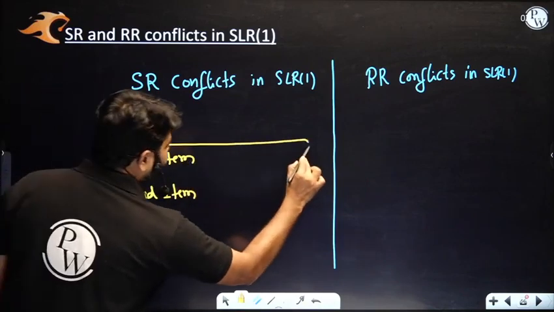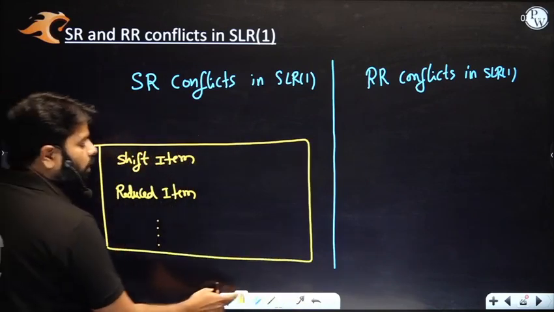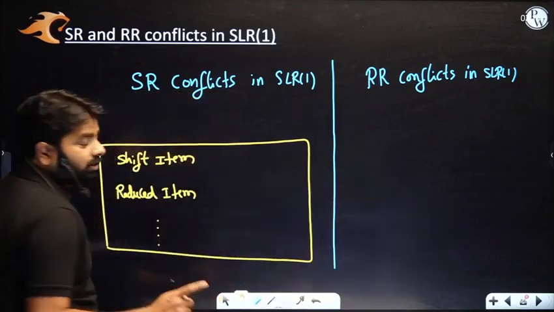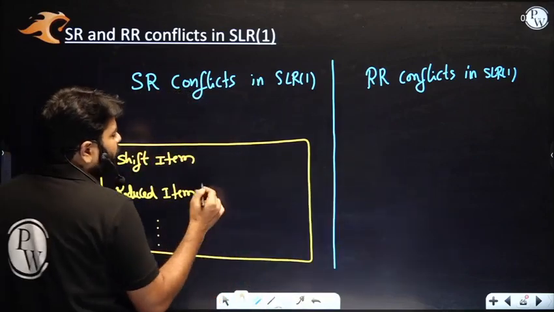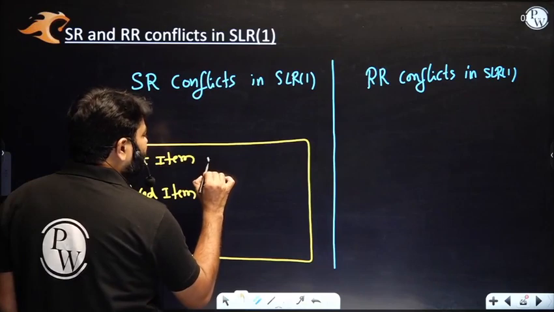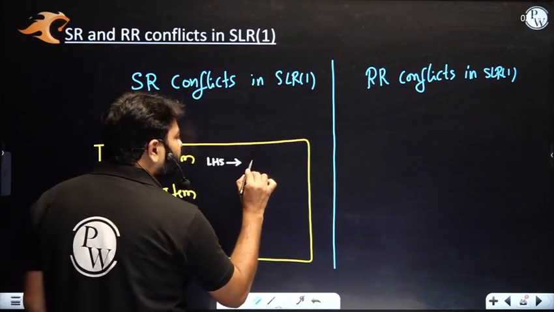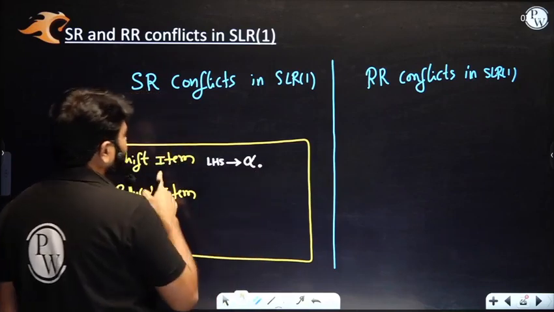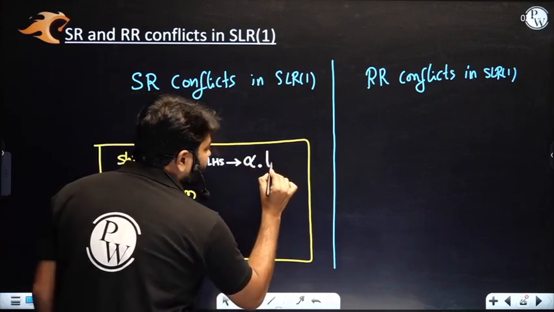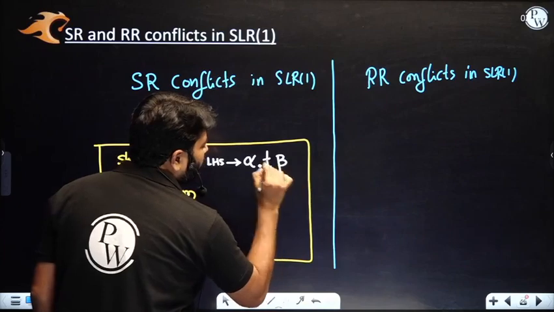But what is the meaning of a shift item? You know it. There is a production, let us say you have some LHS arrow alpha dot terminal beta.